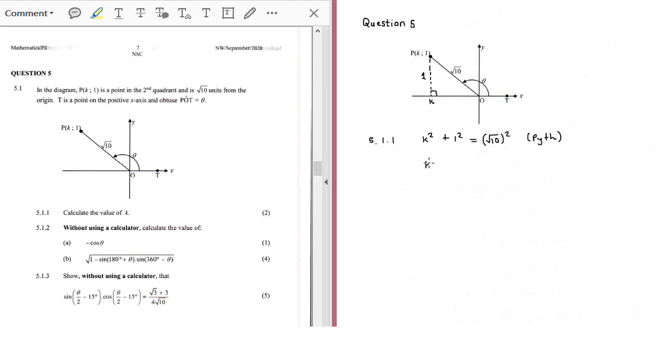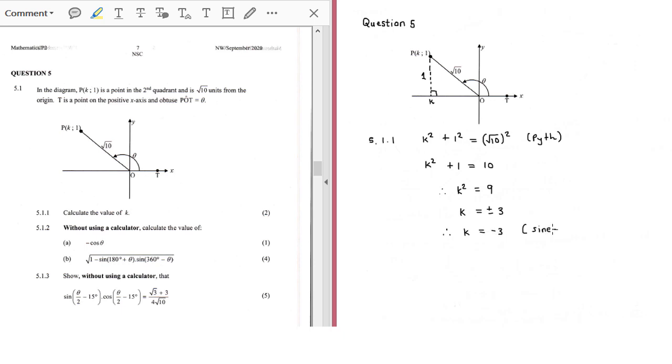So from here we're going to have k squared plus 1 is equal to 10, so therefore k squared is equal to 9. Here you can write out that k is equal to plus and minus 3, and then conclude that therefore k is equal to minus 3.